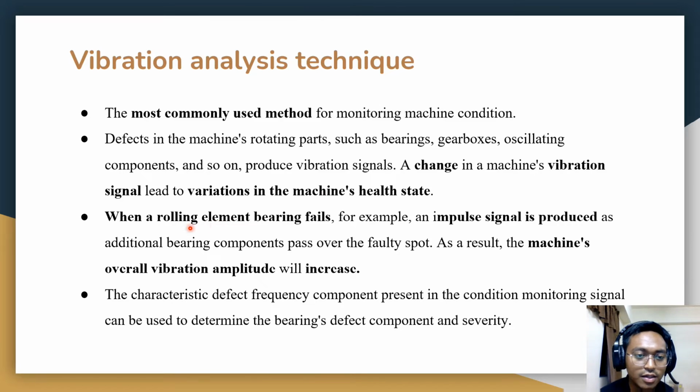For example, in a rolling bearing, if there is an impulse signal, it shows that the bearing has a defect when the sensor passes over the faulty spot. As a result, the machine's vibration amplitude will increase. The frequency components present in the vibration signal can also be used to determine the defective component and the severity of the defect.